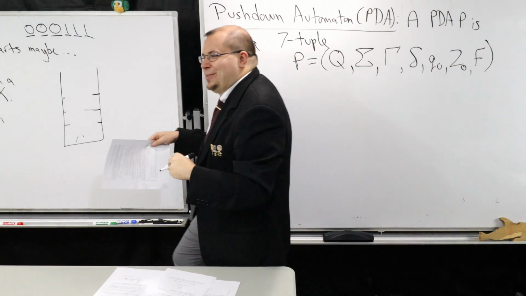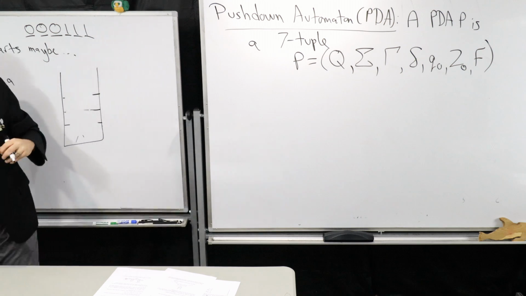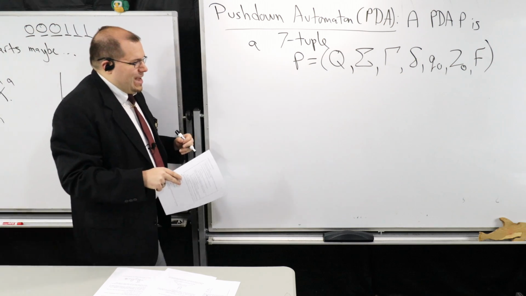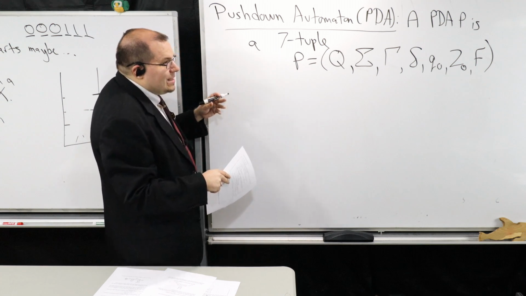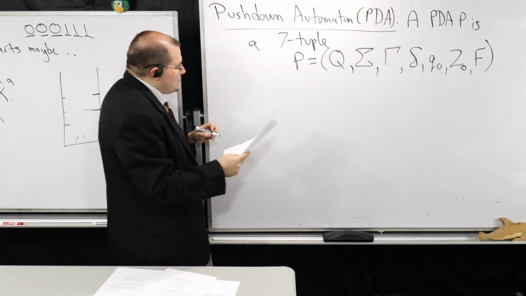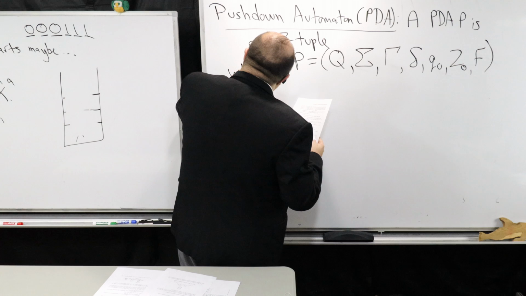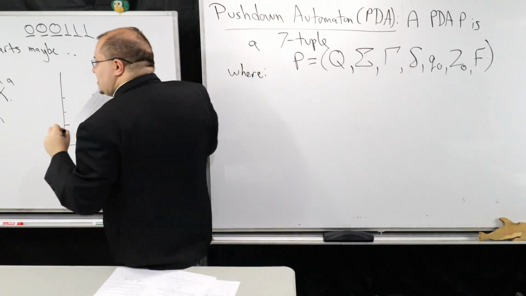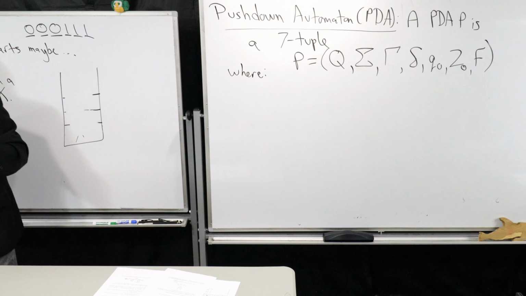I told you, don't worry, it's okay. I've only added a little bit more to what we had before. So I have to define all these things for you. Some of these are going to be just like what we talked about with an epsilon NFA. Others are not going to be.